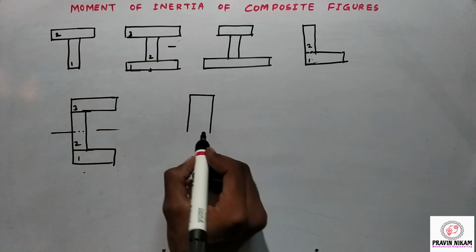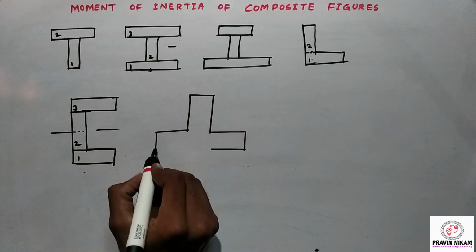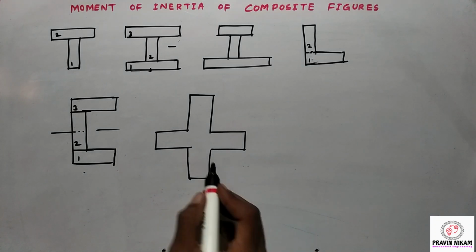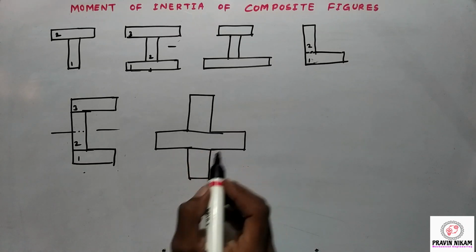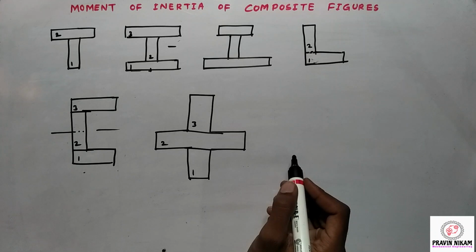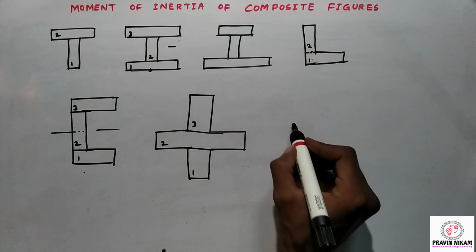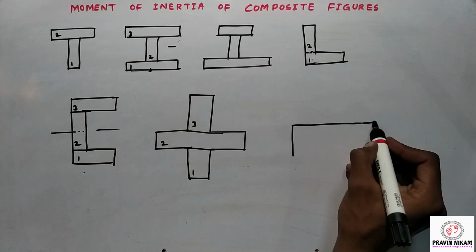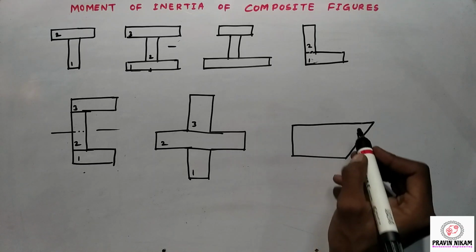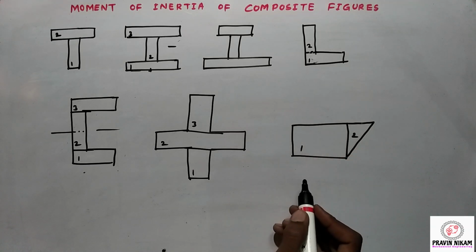And there is also this one of the sections, plus section. So how to split up this section? Like this. So this is 1, this is 2, this is 3. Now this is one section like this. So split up this section like this. This is 1, this is 2.